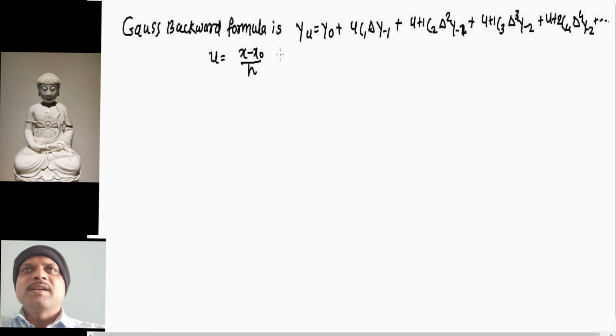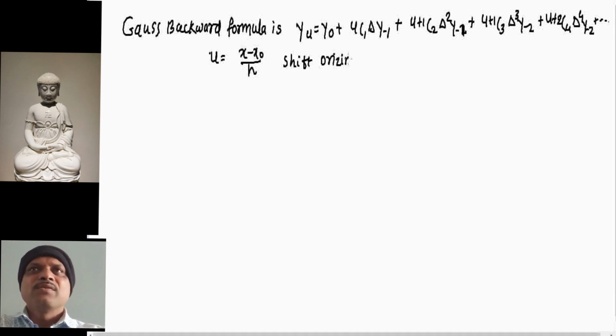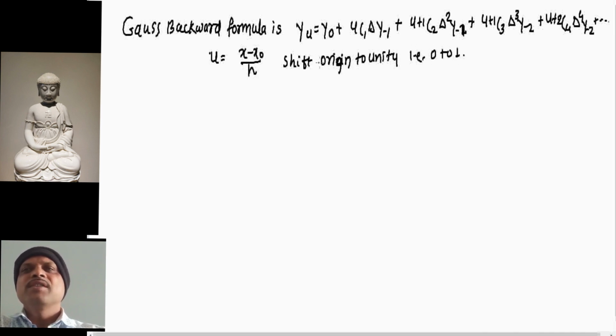Now here we shift the origin to unity, that means from 0 to 1. We are shifting this origin to 1.